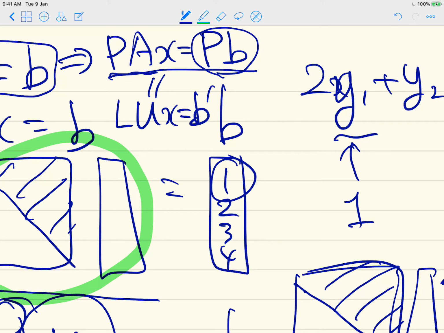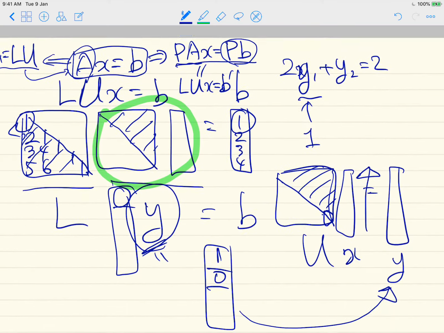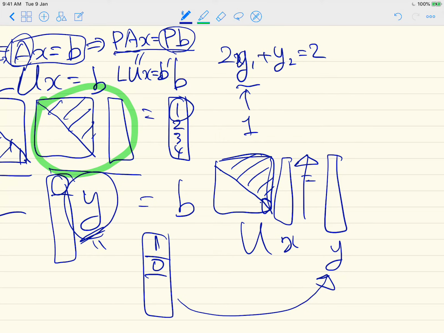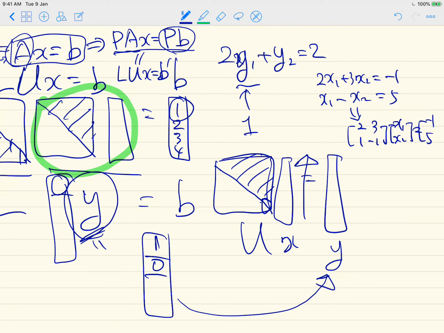and also, intuitively, this kind of process is nothing but changing the order of equations. So for example, if we have 2x1 plus 3x2 equals -1, and x1 minus x2 equals 5, we can write it in matrix form with x1, x2, and -1 and 5.